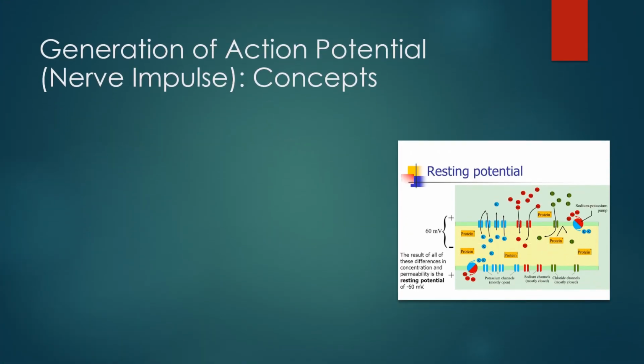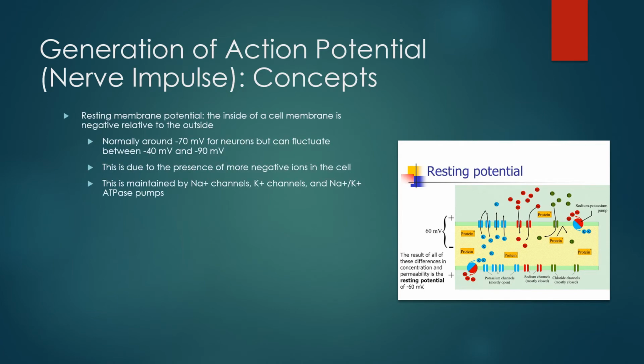Now let's talk about generation of an action potential, also known as a nerve impulse. So neurons have something called a resting membrane potential, which is basically the electric charge. The inside of a cell membrane is negative relative to the outside.